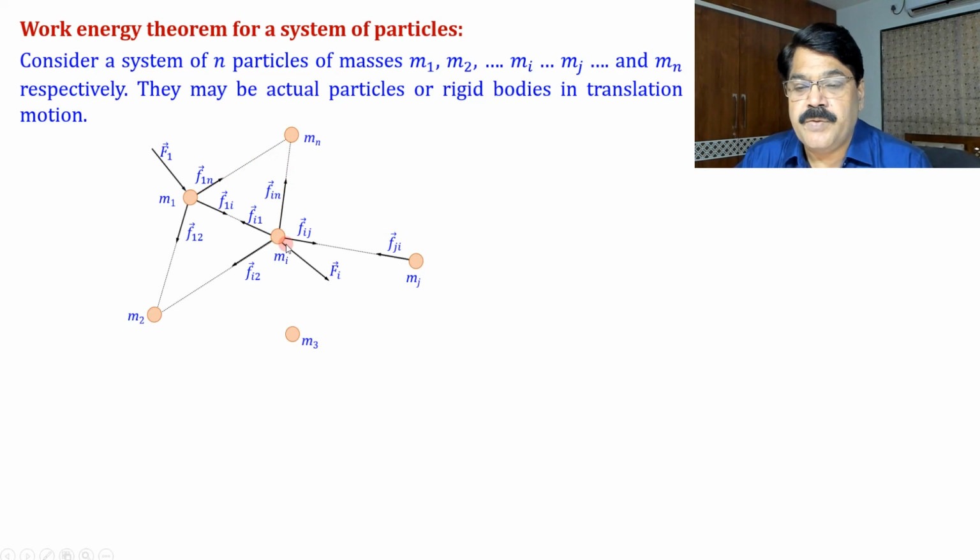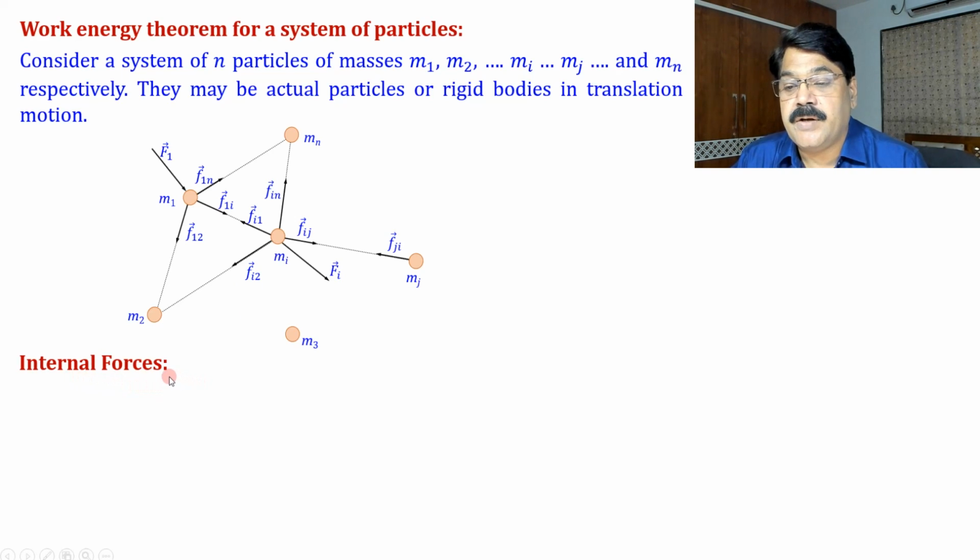Similarly, we can show the internal forces on mi. That is, Fi1 means internal force on mi from m1. Fi2, internal force on mi from m2. Fij, internal force on mi from mj. Fin, internal force on mi from mn. So let us again describe these notations.